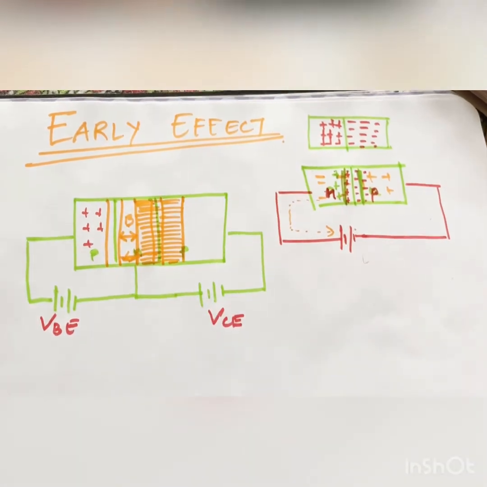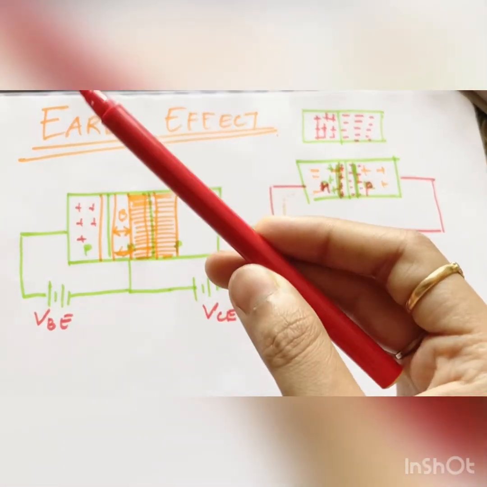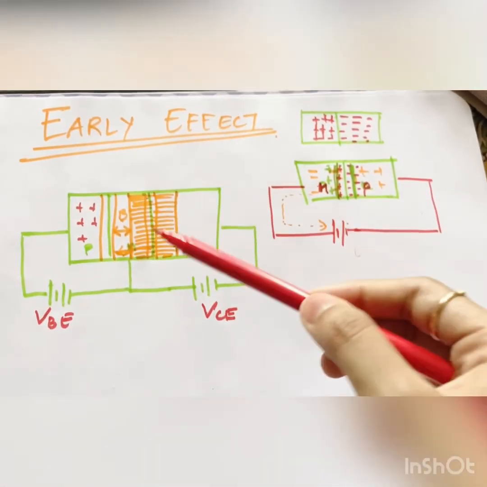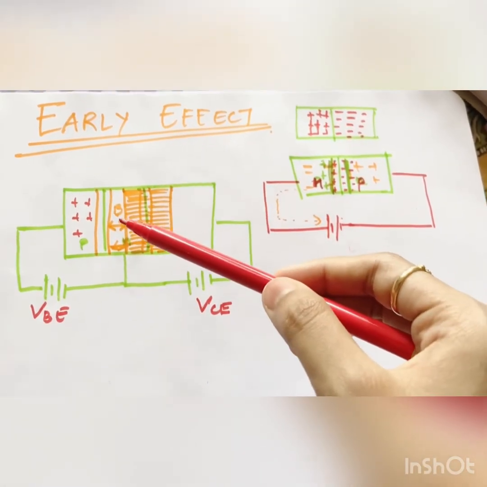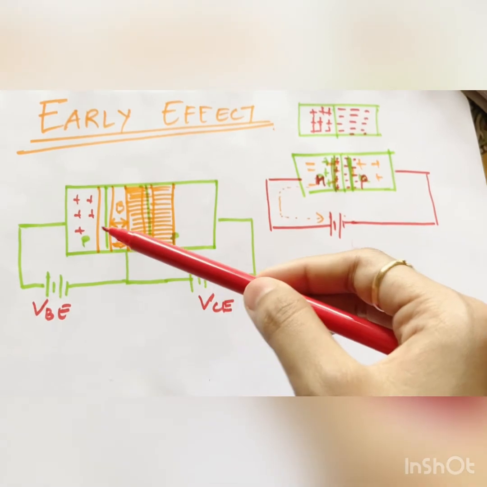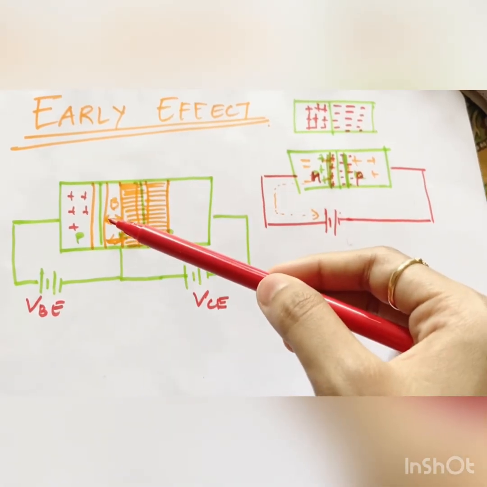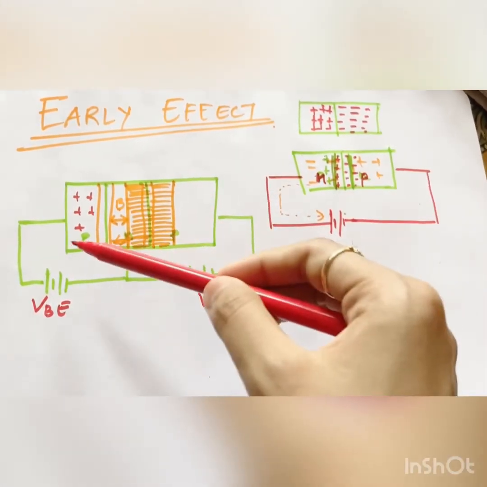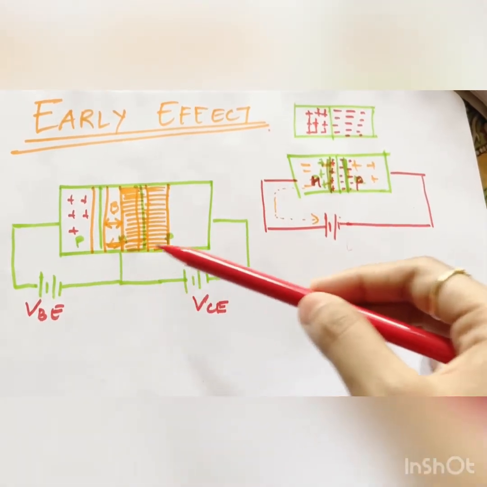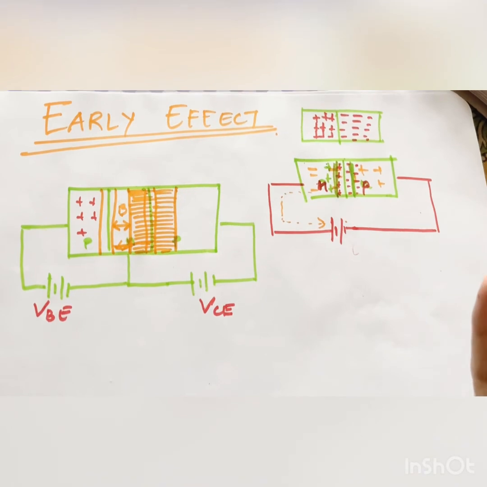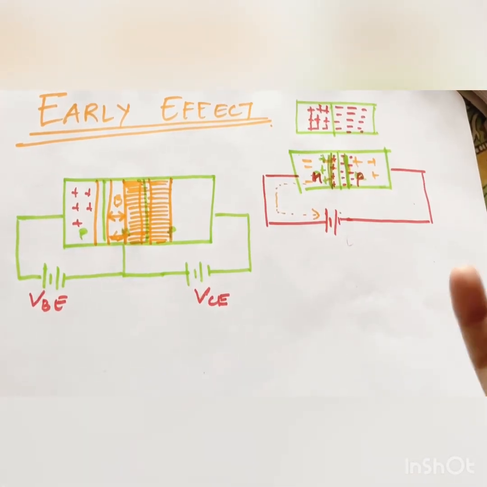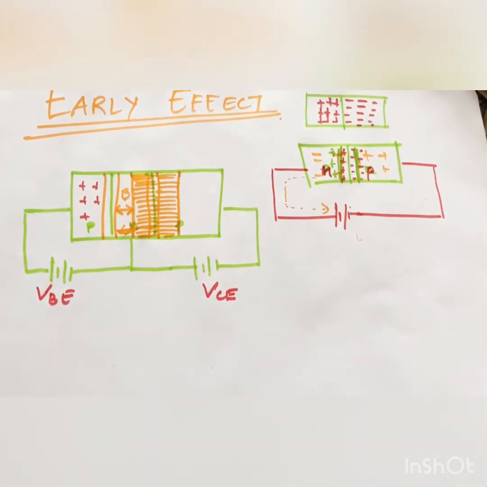Now, as the base is already very lightly doped and its effective width decreases, a very small amount of holes will recombine in the base region. So more holes will be collected by the collector. There will be less recombination and more collection of carriers, and more collection means IC increases.